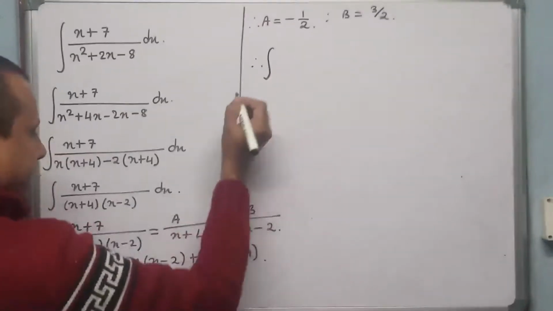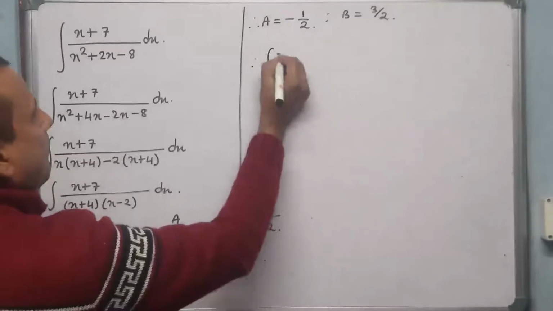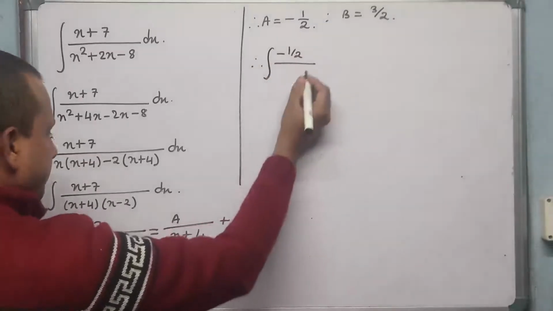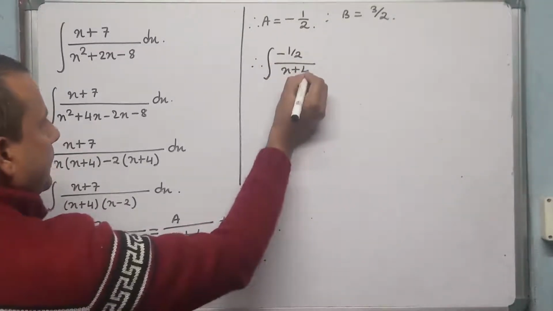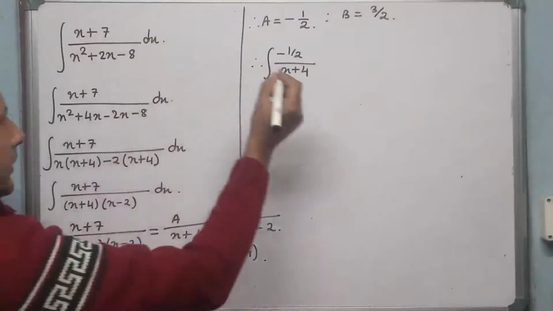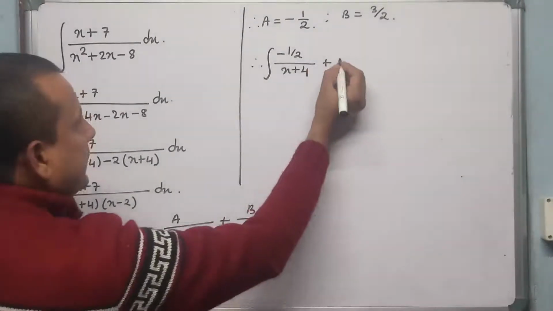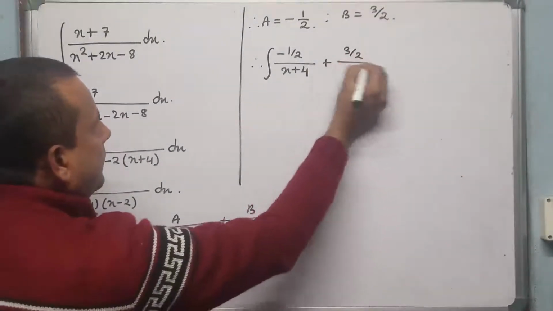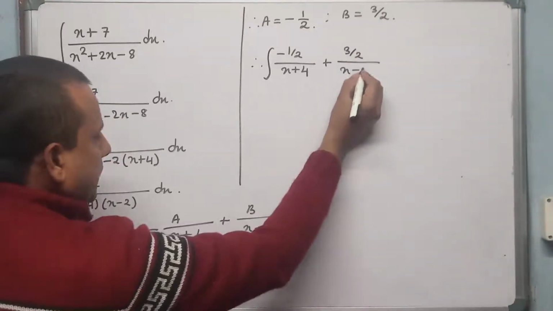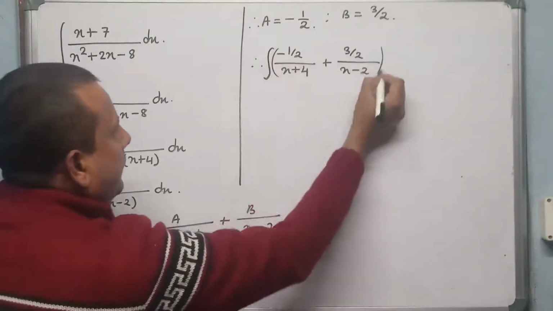Now after getting a and b, I'll integrate this one. Therefore, integration, the value of a is minus 1 by 2 over x plus 4, then the value of b is plus 3 by 2 over x minus 2 whole dx.